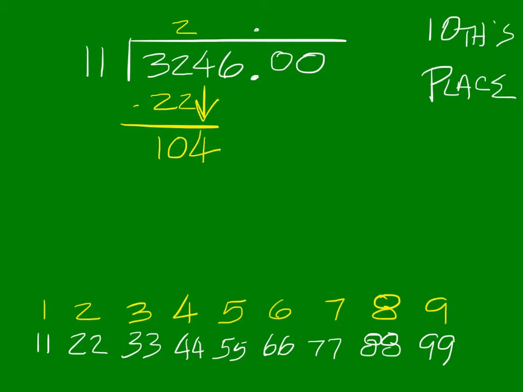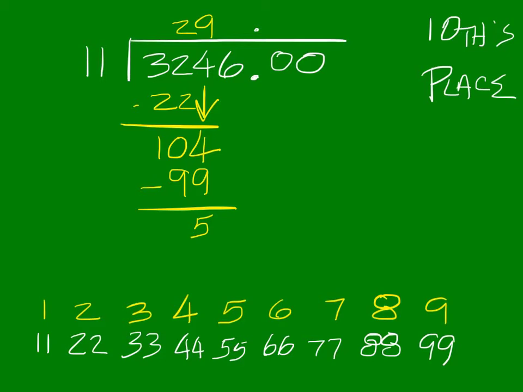How many times will 11 go into 104? 9 times. 11 times 9 is what? 99. What's 104 minus 99? 5. Oh, you can't round anything yet.